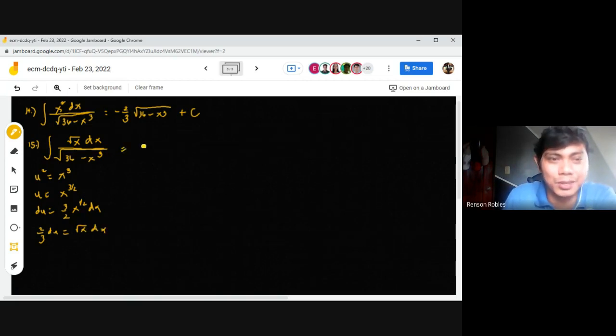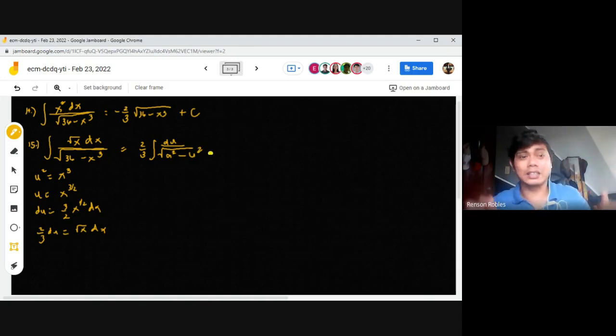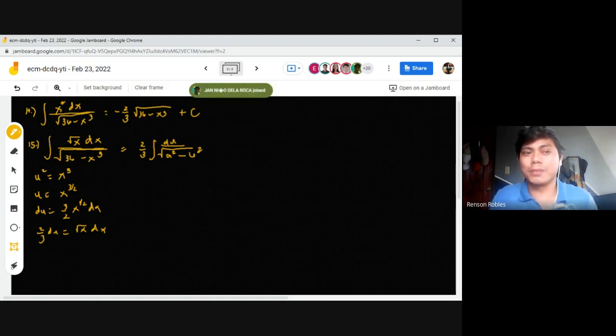So ano nang form to? 2/3 square root of x dx is 2/3 du over the square root of 36, that is your a squared, minus x cubed, that is your u squared. So what am I telling you is that itong power ng x sa ilalim is not always even. It could also be negative, it could also be odd, but you have just to make sure what is written on the numerator.